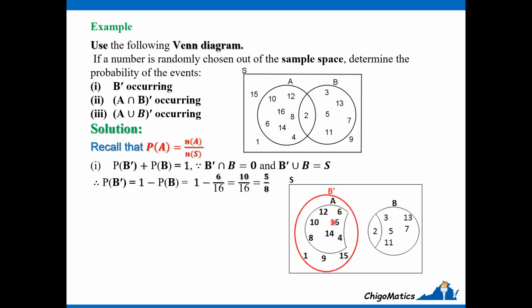So I now have two sets that are mutually exclusive, right? That means they are complementary. And if I add the elements in B prime and B, they give me the universal set or sample space, which is the S. So it complies with the idea that events that are mutually exclusive and exhaustive have probabilities that sum to 1: probability of B prime plus probability of B gives us 1, which is what is written here, right?